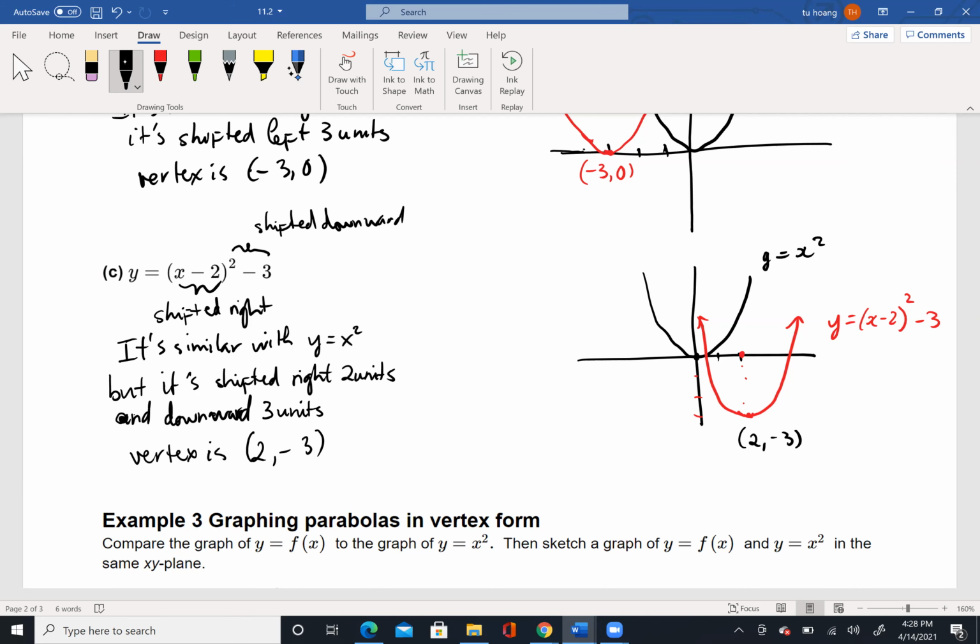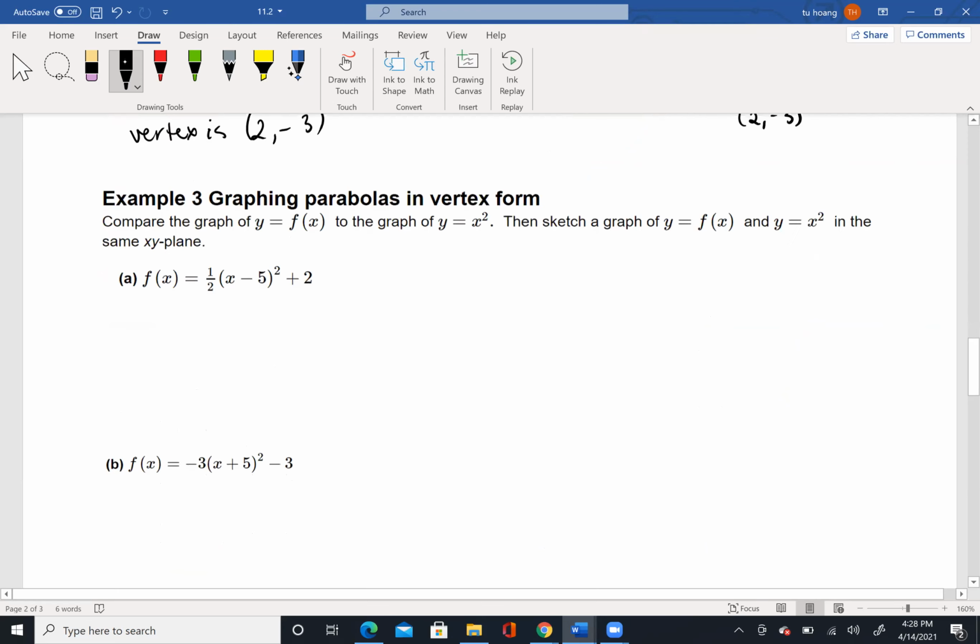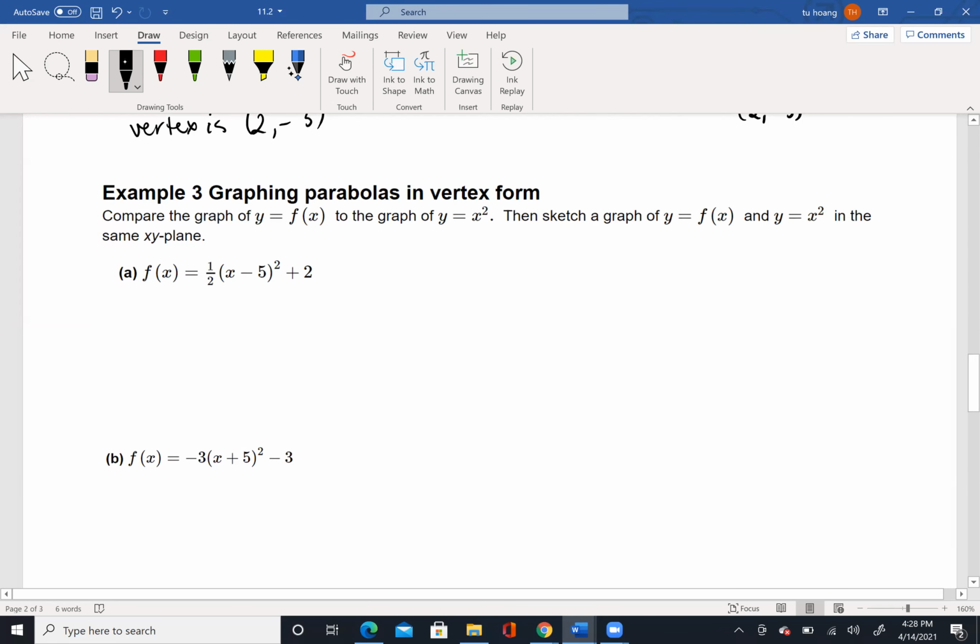So let's move to example number 3, graphing parabolas in vertex form. Compare the graph of y equal to f(x) to the graph of y equal to x squared, and then sketch the graph of y equal to f(x) and y equal to x squared in the same xy plane.